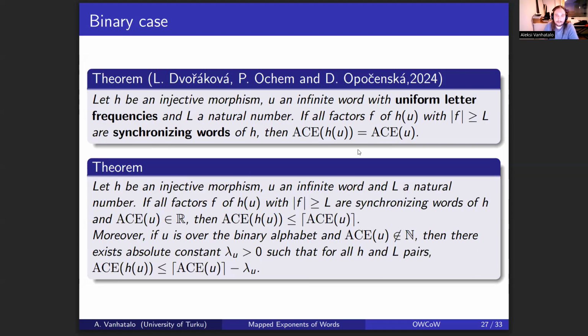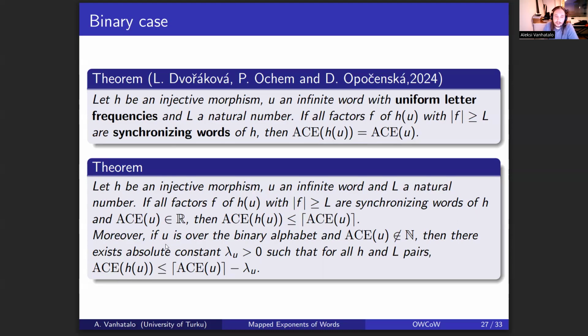Then we modify this theorem by taking the uniform letter frequencies away. And then we have a weaker statement where, if we once again have the synchronizing words, the ace value under this H is upper bounded by the ceiling of the regular ace.